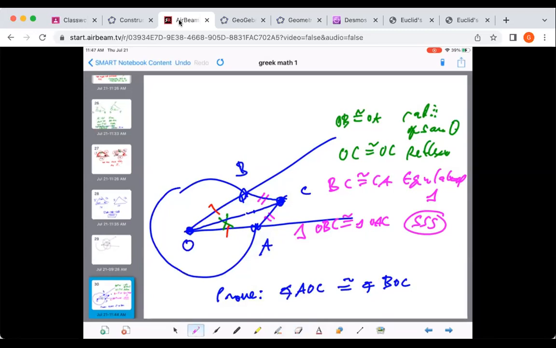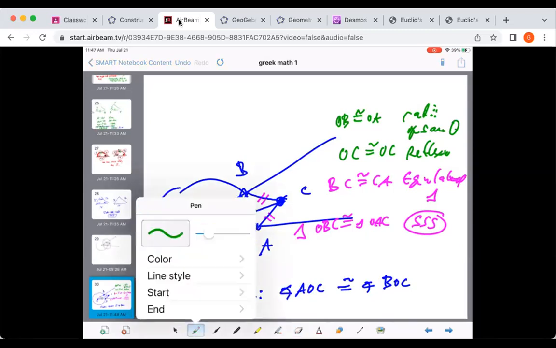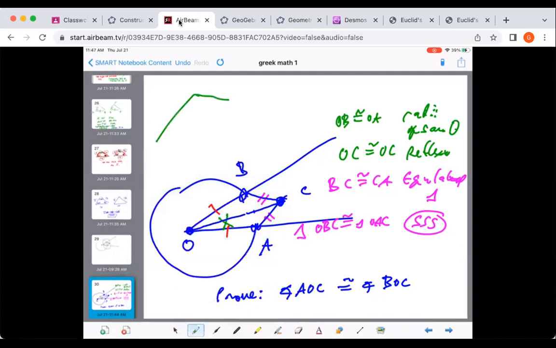So think of how often, if you're teaching geometry, you see a thing like this. Prove that angle 1 is congruent to angle 2. And the steps are reflexive, SSS, CPCTC.